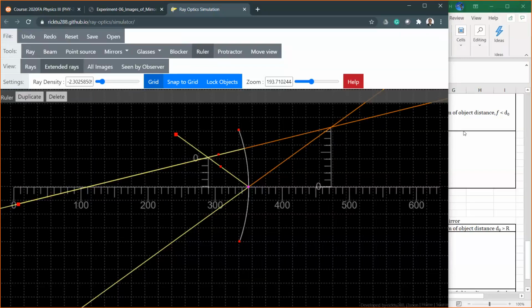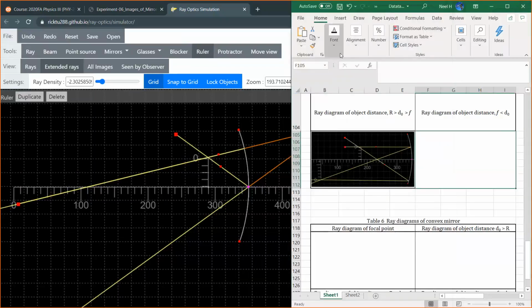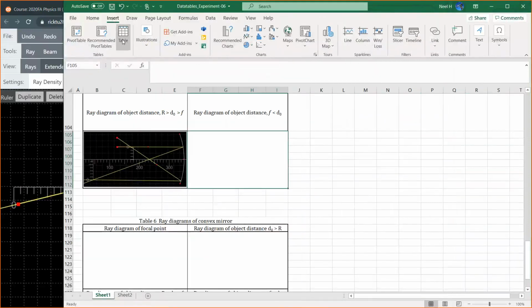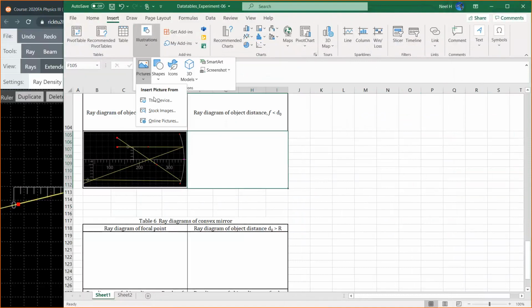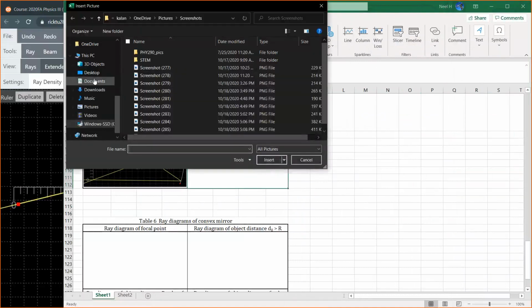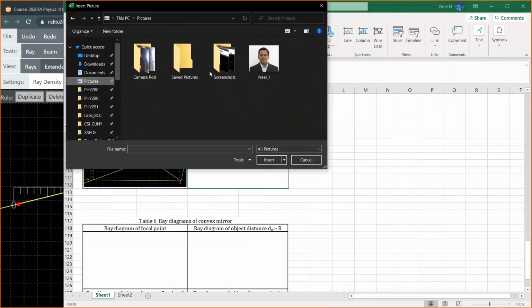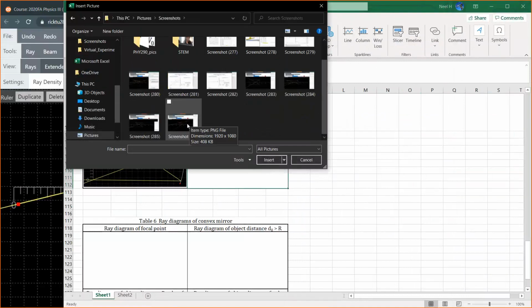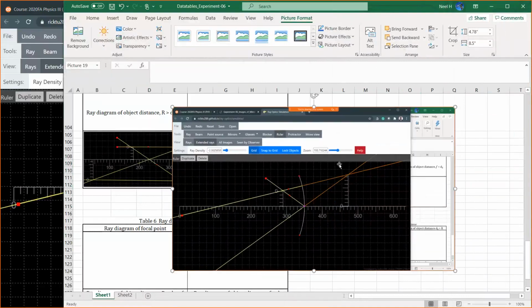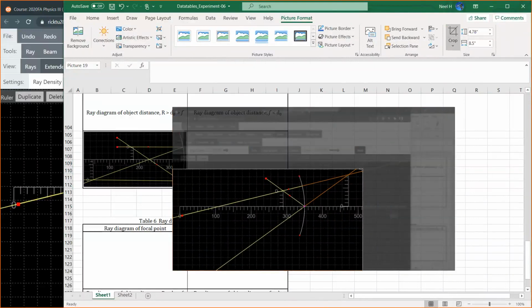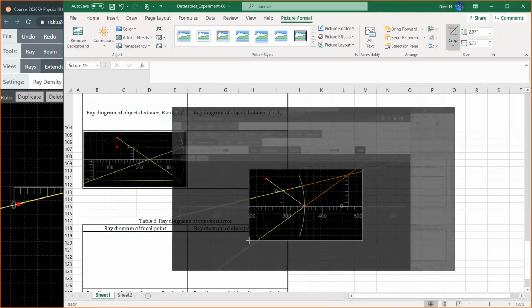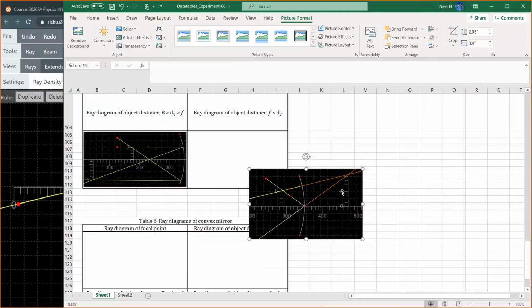So the print screen, that is the other image we needed here. Let's bring that: insert, illustration, and then let's add that picture. Okay, and then crop out anything unnecessary, and you have to show the object location, all the extended rays, and all of that information is important.